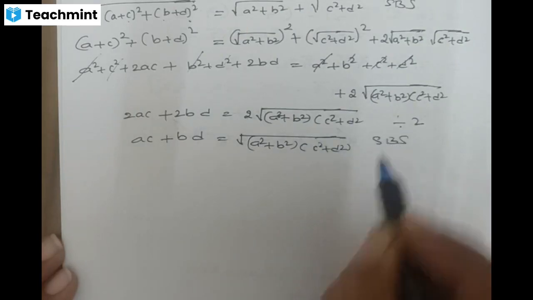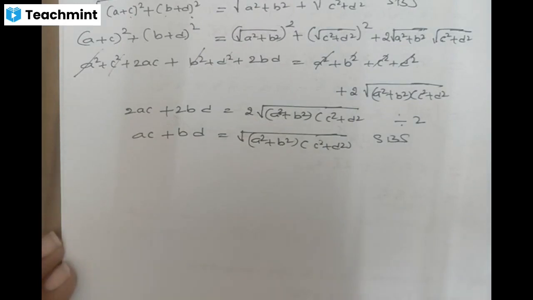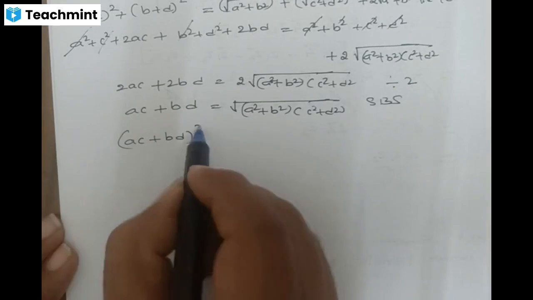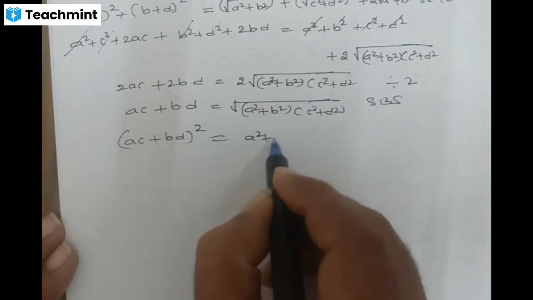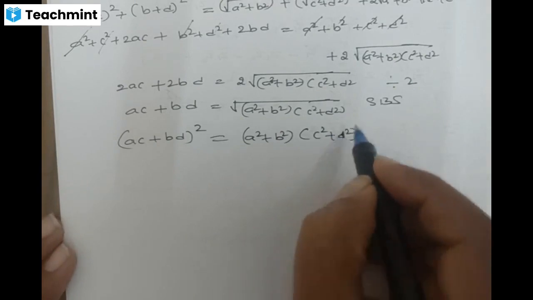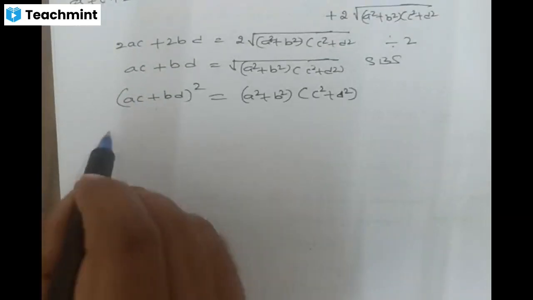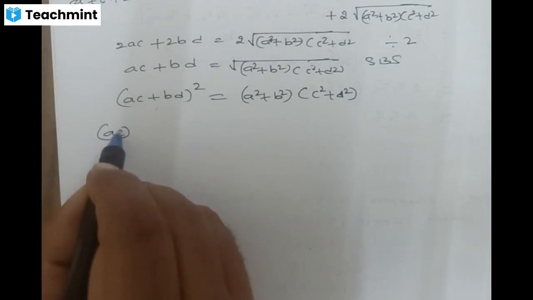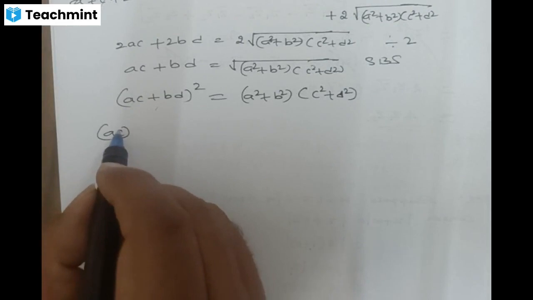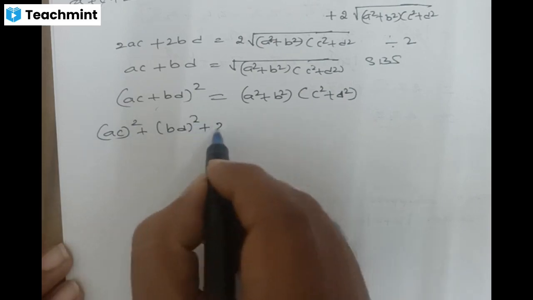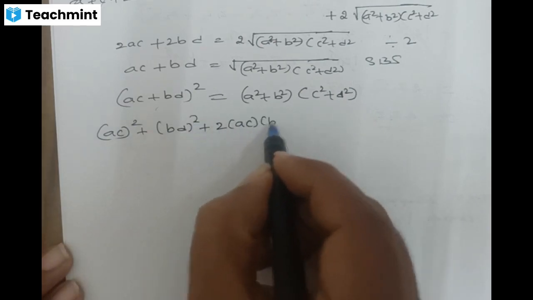Again squaring on both sides. So ac plus bd whole square equals, here root and square get cancelled, a square plus b square into c square plus d square. Now ac plus bd whole square is ac whole square plus bd whole square plus 2 into ac into bd.